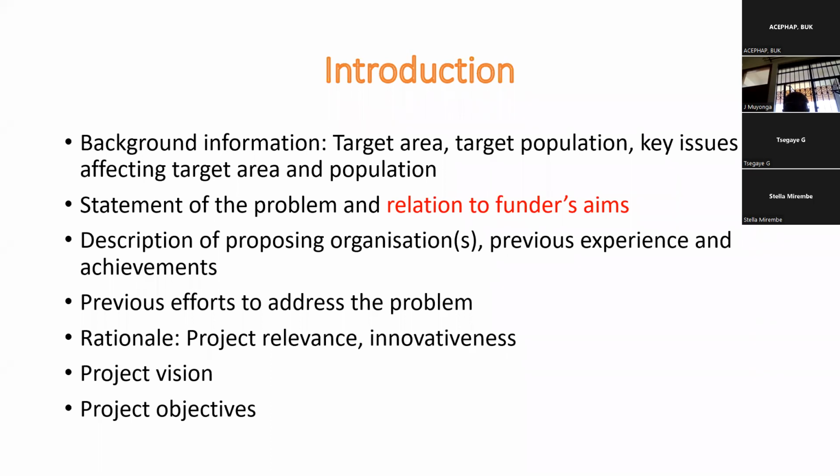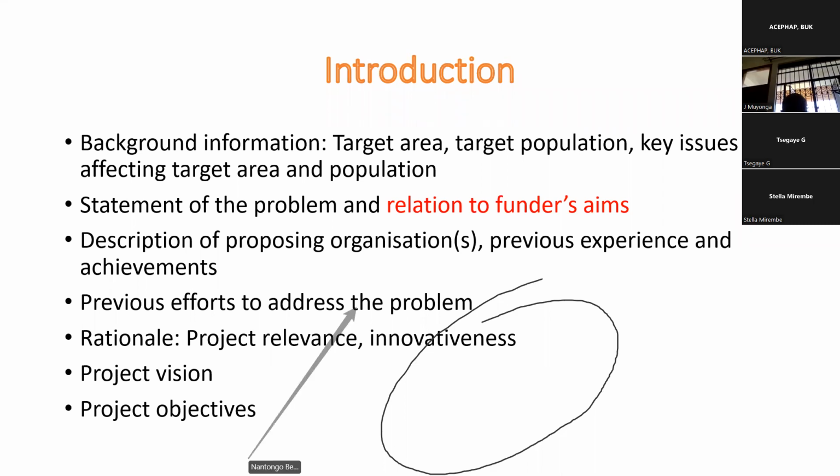We've already mentioned some of those elements, but this is easy to not pay attention to. You have read the funders' interests, you know their priorities, and you have a problem. Try to make the link between the funders' aims and what you are writing.